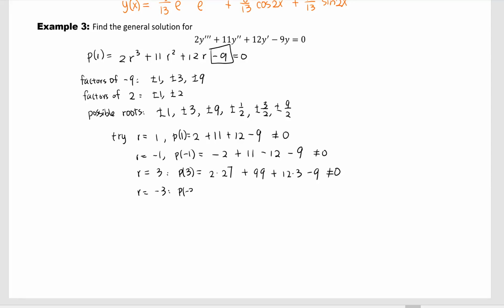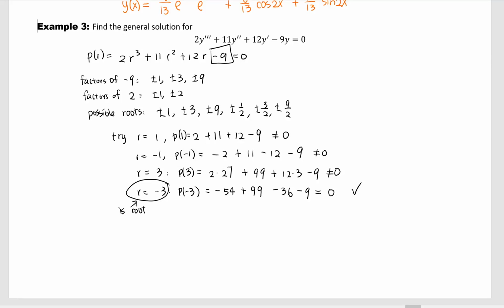P of negative 3 is negative 2 times 27, so negative 54, plus 9 times 11, 99, negative 3 times 12, negative 36, minus 9. What is that? This gives us 0. Oh yay, we found it. This is our root.